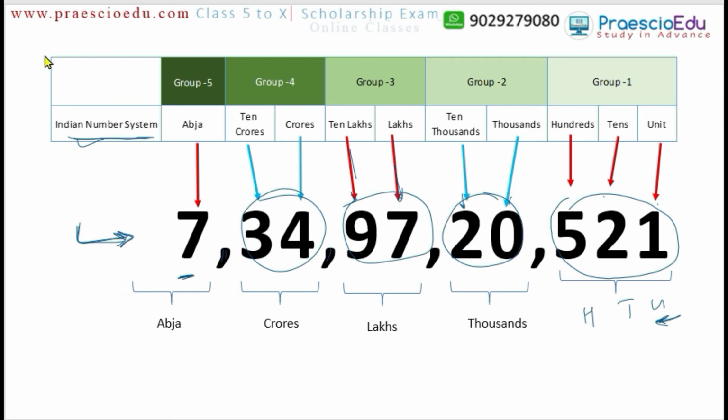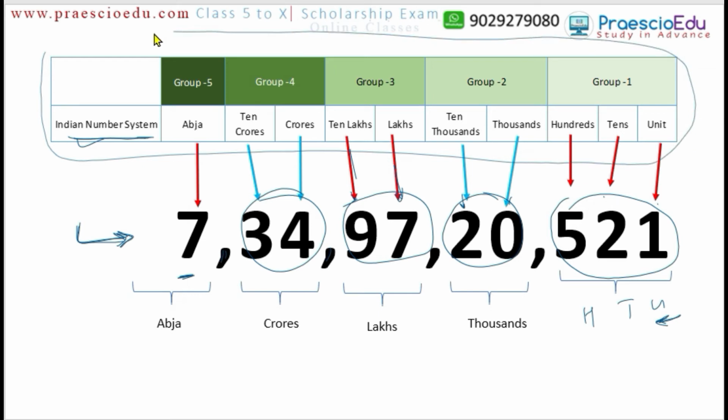So you just concentrate on these tables, read these tables and understand. In our books the same is given, so please read this table in your book and make all the groupings. One time, write down in your notebook the group names and the place values, take any number and try to read it, and then again after the grouping with commas, try to read it.